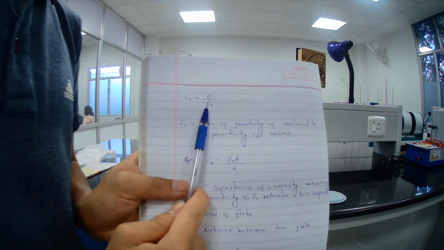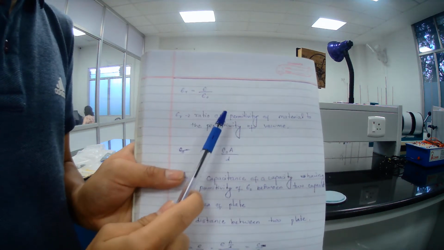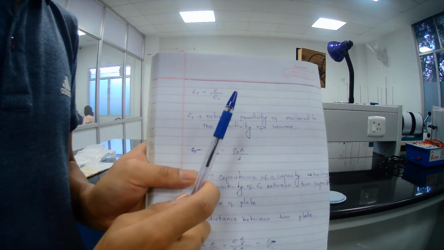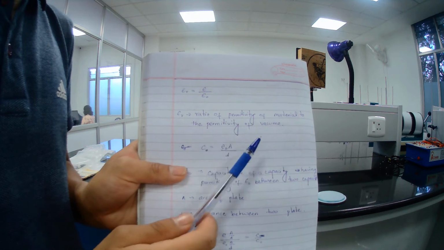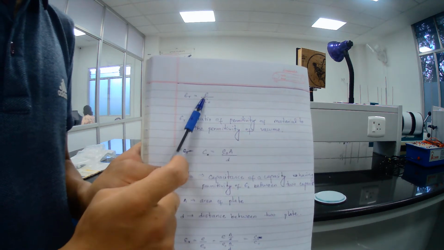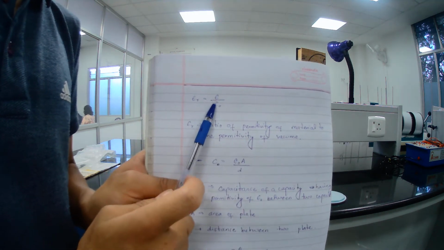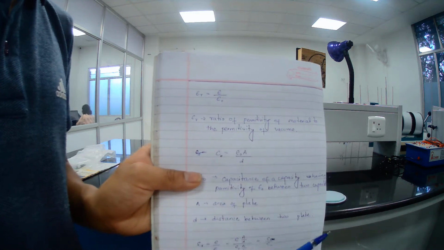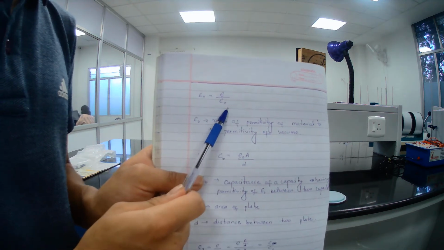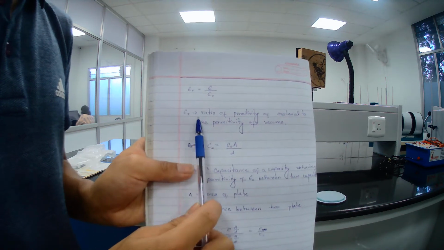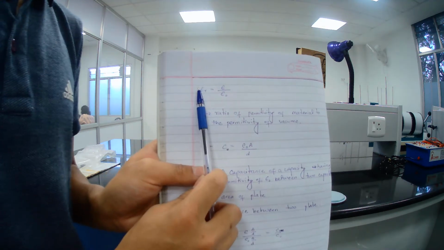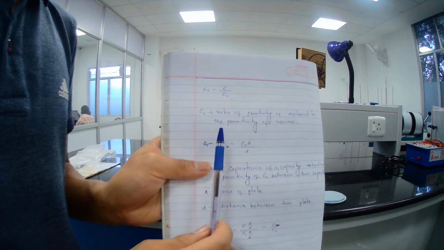Here E is the permittivity of the material, and E0 is the permittivity of free space, vacuum. The ratio of these two permittivities is ER, the ratio of permittivity, that is the dielectric constant.